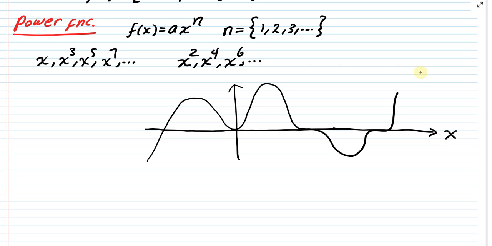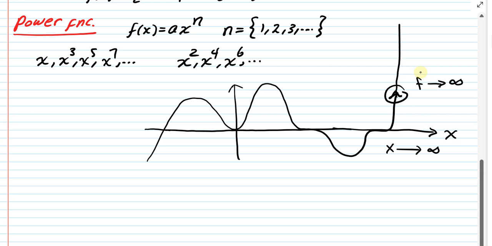Now look at the extreme behavior, the end behavior. As x goes to infinity, the function approaches infinity. It means it just keeps rising. And on the left side, as x approaches negative infinity, means as x goes in this direction, look at the function.